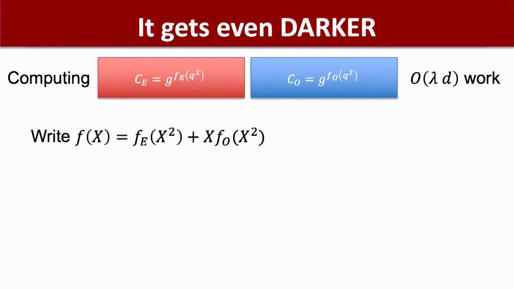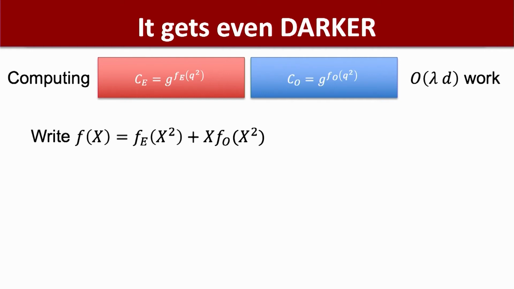And we can even further improve the protocol, because I have now reduced the cost of these PoEs to square root of d. So what is the remaining cost? The remaining cost was committing to these polynomials, and this took linear work.